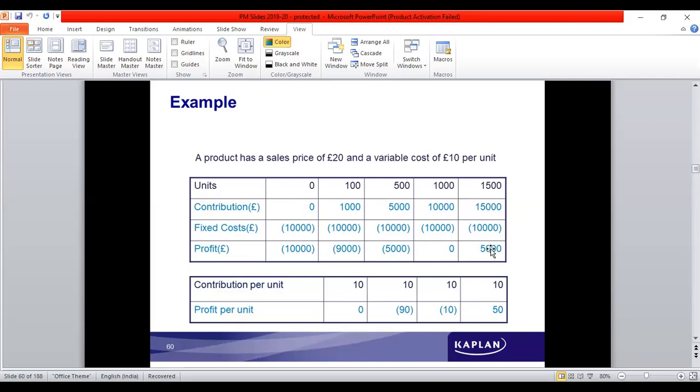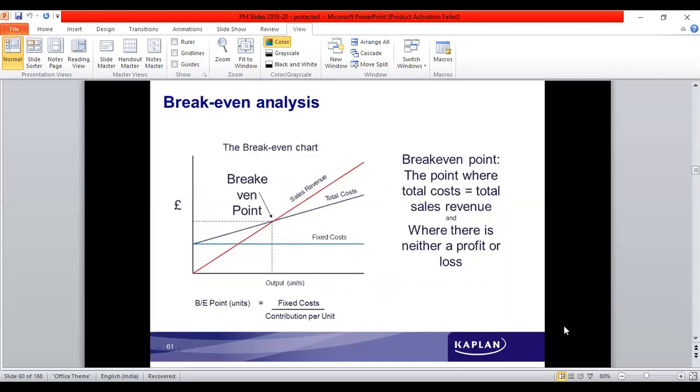After it crosses that level, profit is earned. Contribution per unit is the same at all levels of activity, but profit per unit is initially a loss, and later gets converted into profit.